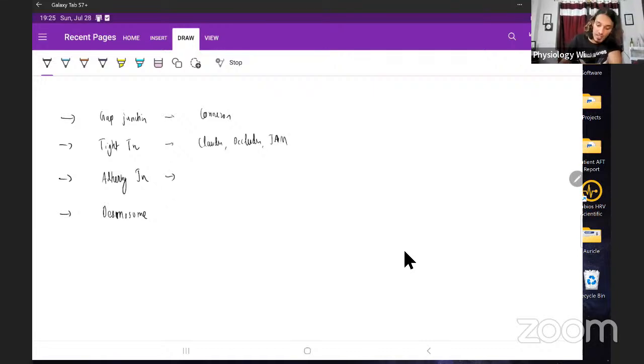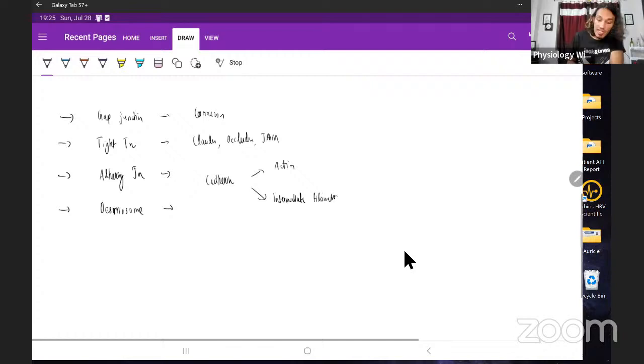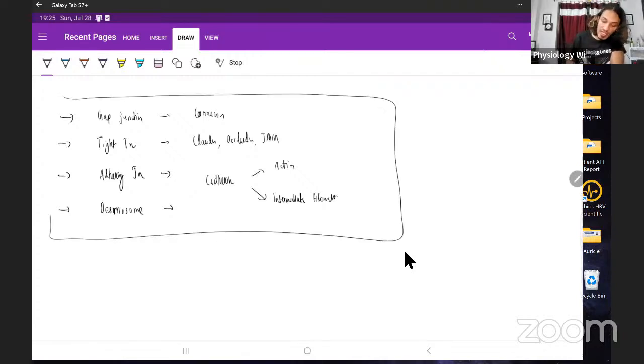In adhering junctions and desmosomes, we have something called cadherin, along with filaments like actin and intermediate filament.